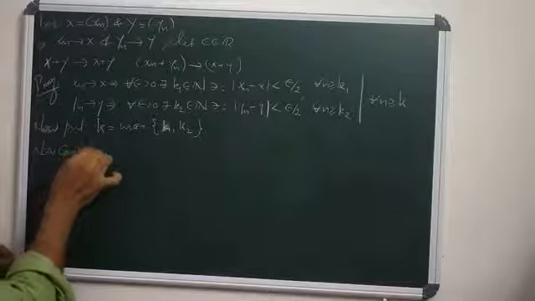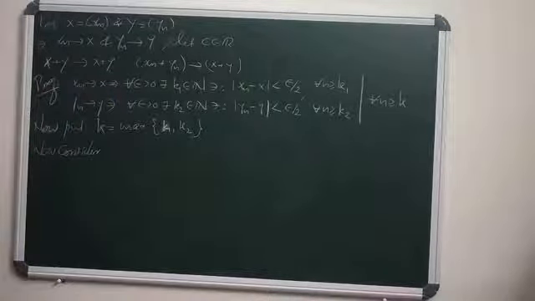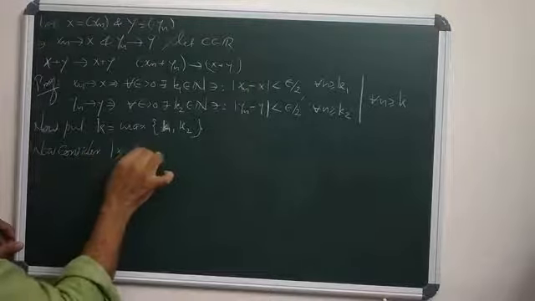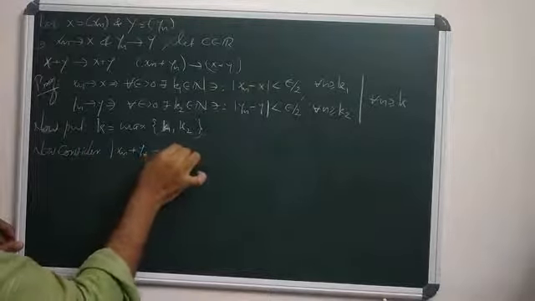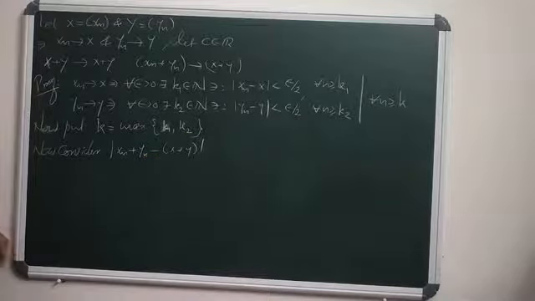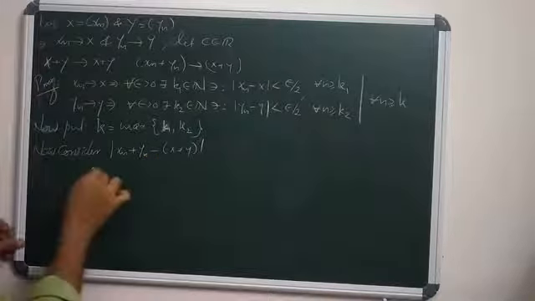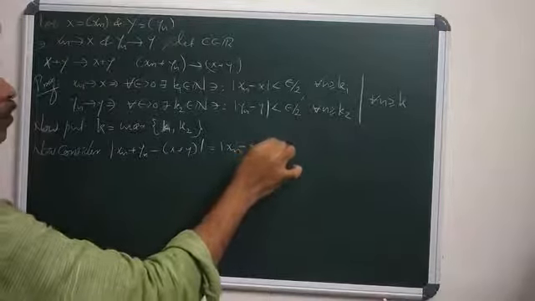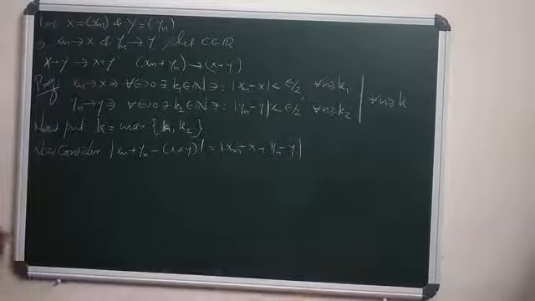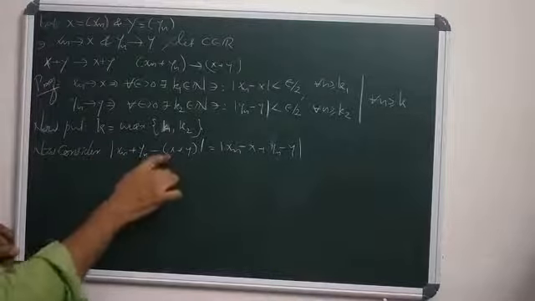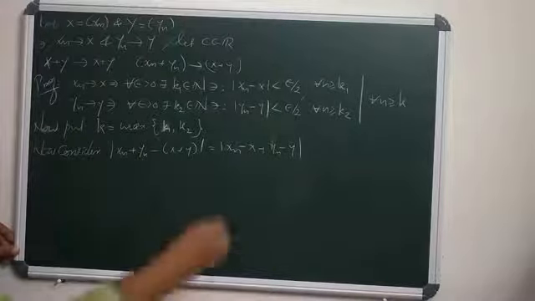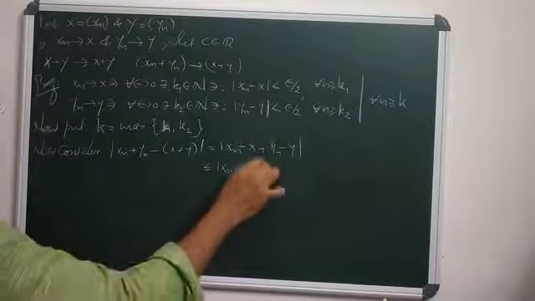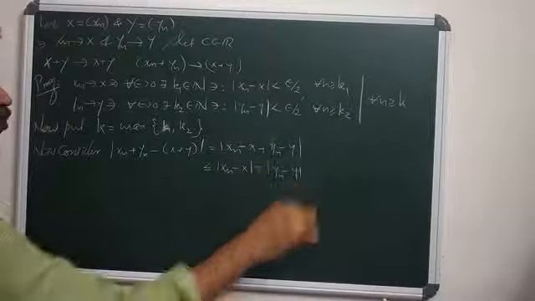Now what's our aim? Our aim is x_n plus y_n converges to x plus y. So for that consider the modulus of x_n plus y_n minus (x plus y), which equals the modulus of (x_n minus x) plus (y_n minus y). By triangle inequality, it is less than or equal to mod x_n minus x plus mod y_n minus y.